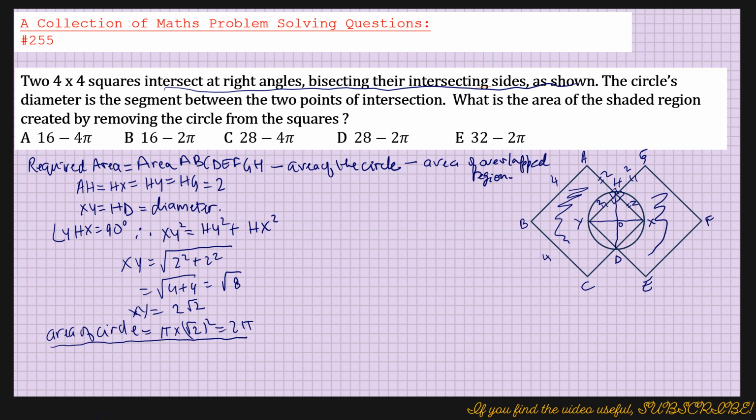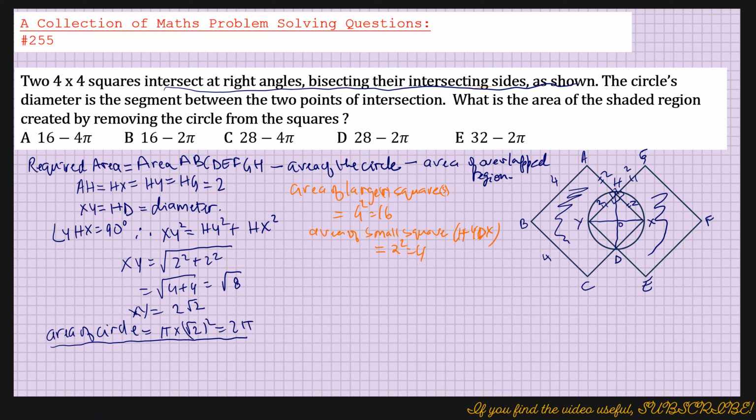Area of the larger squares equals 4 square, that is 16, and area of the small square, that is HYDX, the small square, would equal 2 square, that is 4.